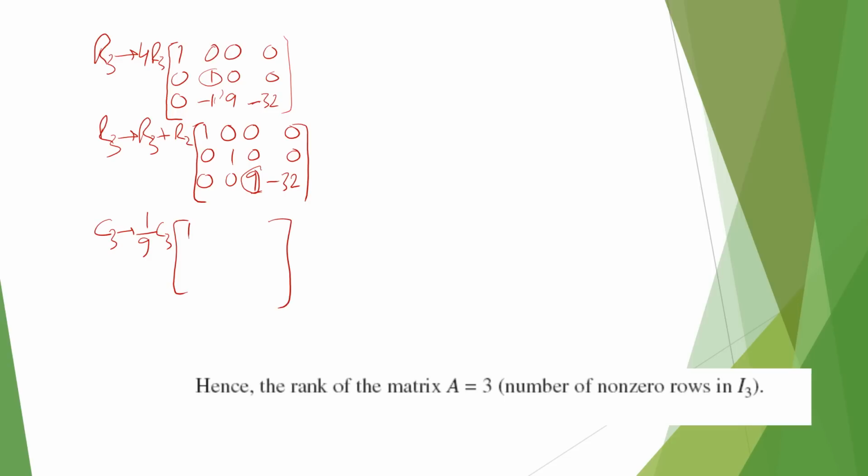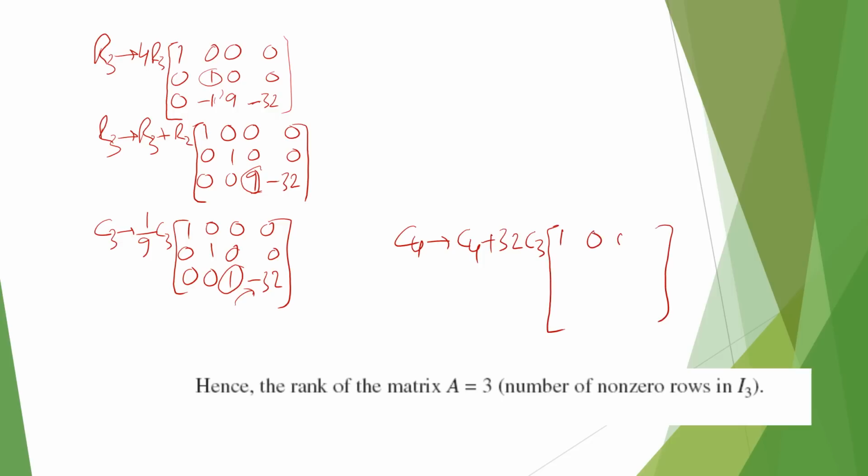The matrix 1 0 0 0 1 0 0 0 1 and 0 0. This is minus 32. Now by the help of that element 1, you make that right-hand side element 0 by applying the operation C4 plus 32 times C3. So the matrix becomes 1 0 0 0, 0 1 0 0, 0 0 1 0.